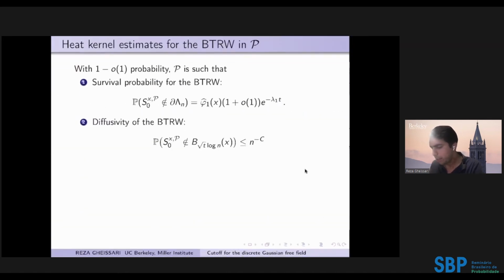Another type of estimate one can get is a diffusivity estimate for the backwards random walk. What we mean by that is that the random walk in any time t will not move more than root t log n, let's say, started from any site, for all x. So the probability that it moves more than a root t log n distance is polynomially decreasing.